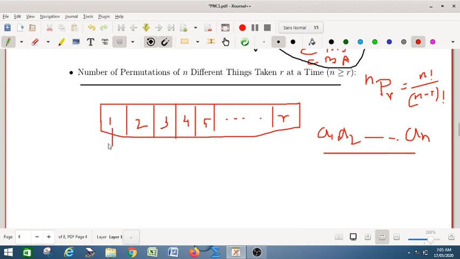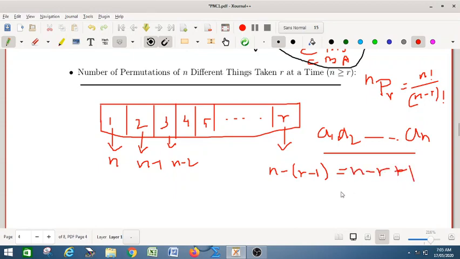For the first place, it can be filled in n ways. Already we discussed this in the previous problem. The second place can be filled in n minus 1 ways, since there are n minus 1 things left. The third place can be filled in n minus 2 ways, and lastly the rth place is filled in n minus (r minus 1), that is n minus r plus 1 ways.